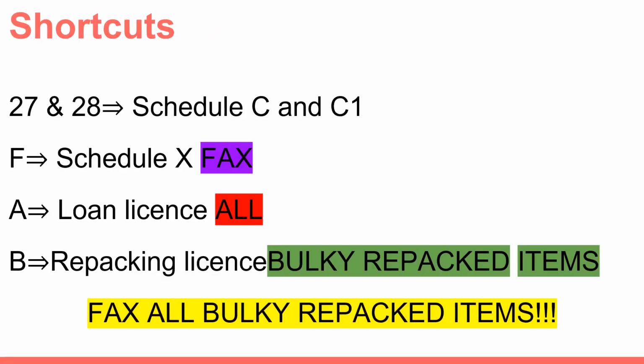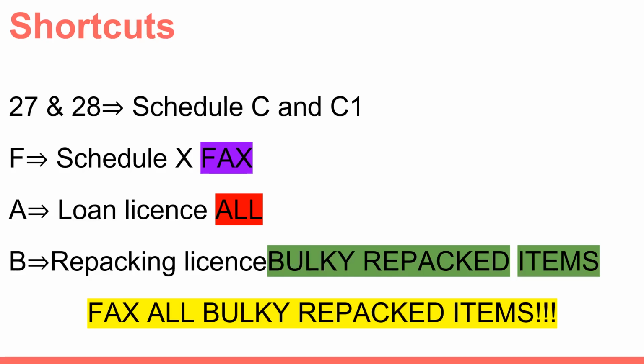Let's see some shortcuts to remember the forms. Otherwise, it will be difficult to remember form numbers. Remember, form numbers 27 and 28 are related to Schedule C and C1 drugs.